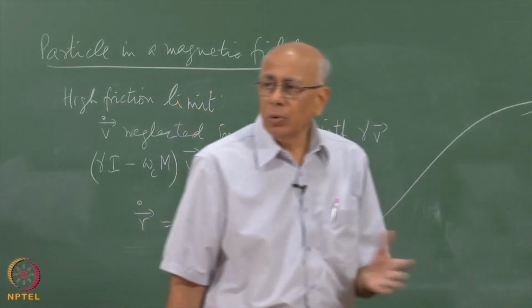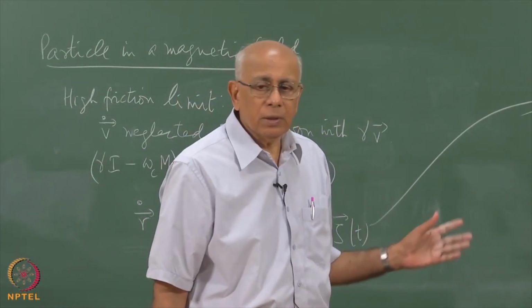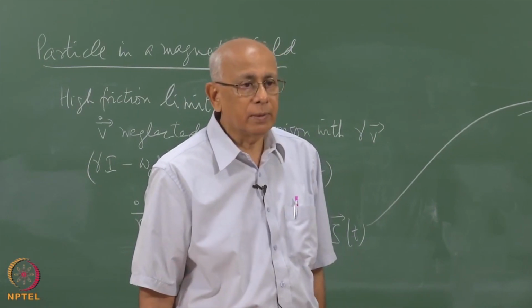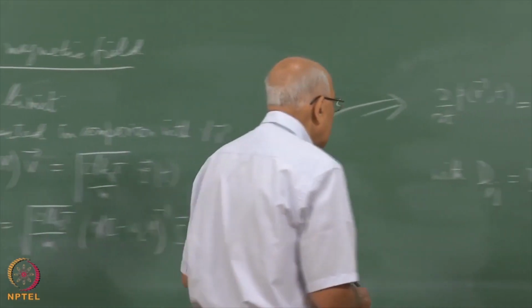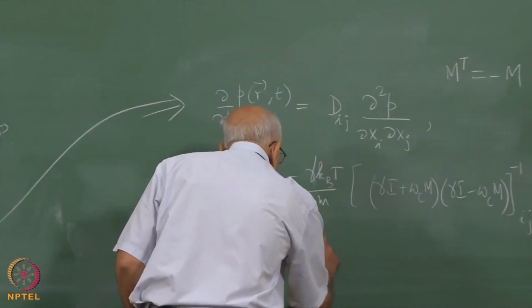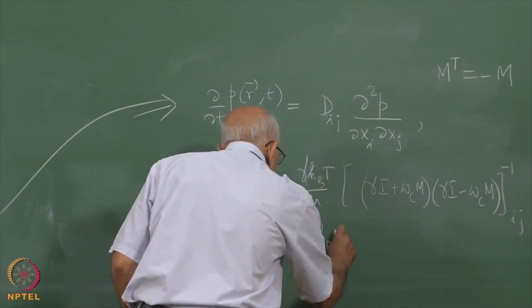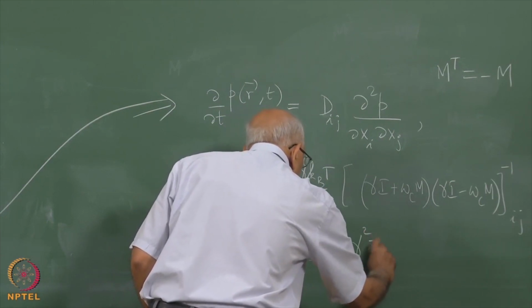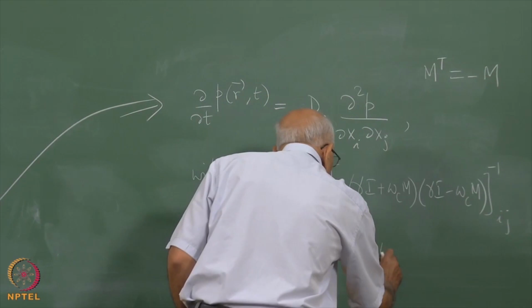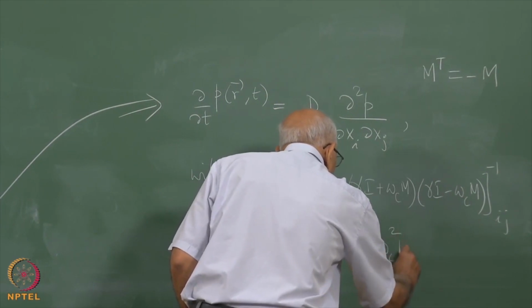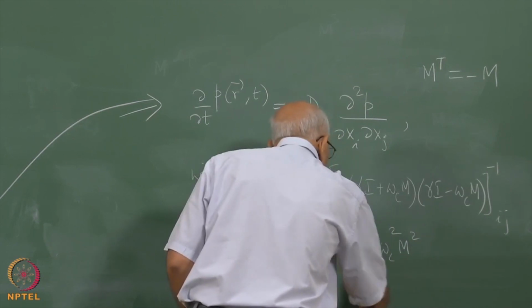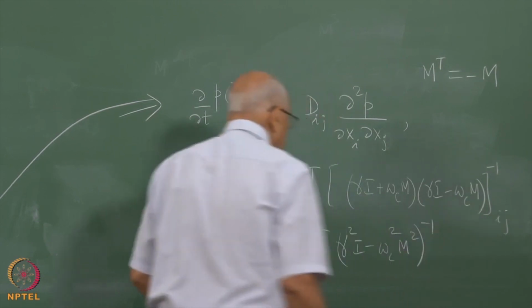But m and I commute with each other and therefore this is just gamma squared I minus omega c squared m squared. So this is equal to gamma k Boltzmann T over m, gamma squared I minus omega c squared m squared inverse.